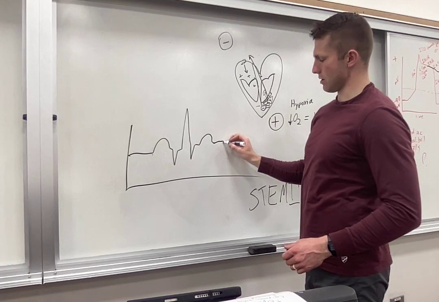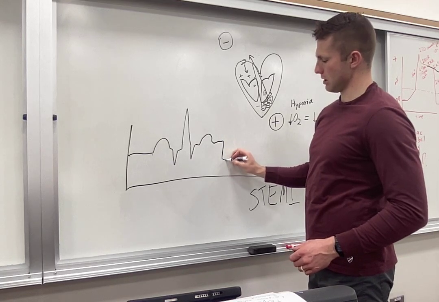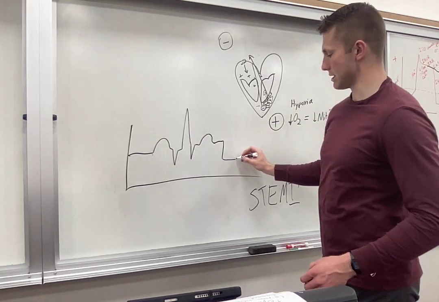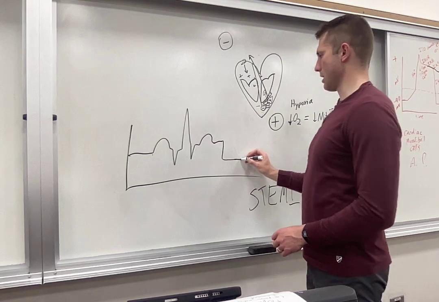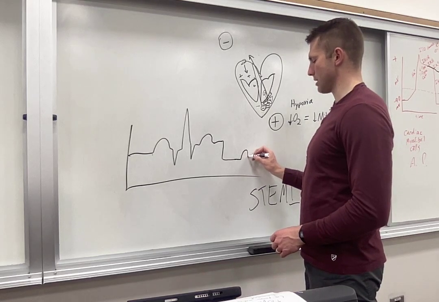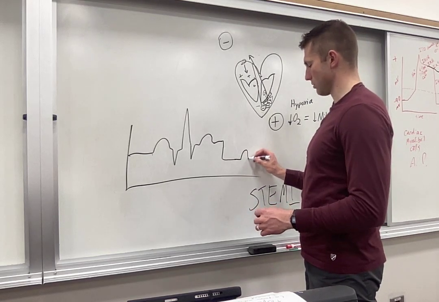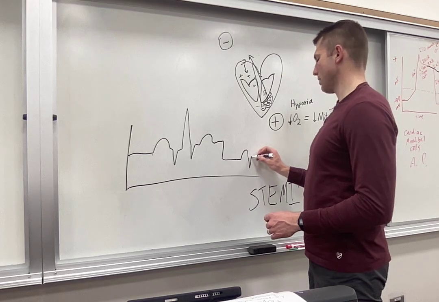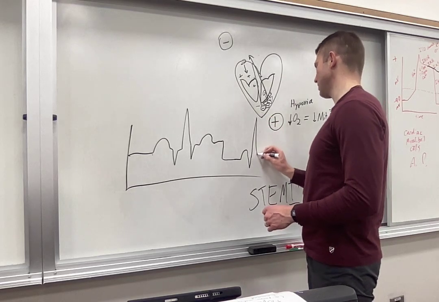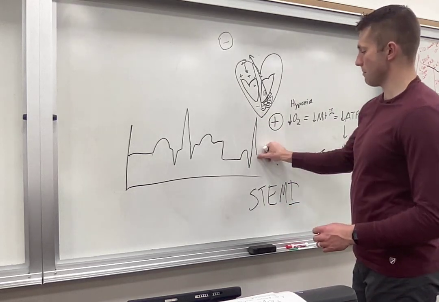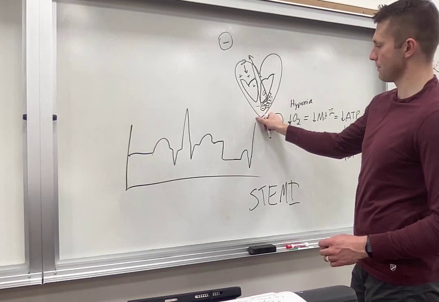So the baseline decreases, and then the P wave happens like normal. Q wave happens, R wave happens, and then, but check this out.